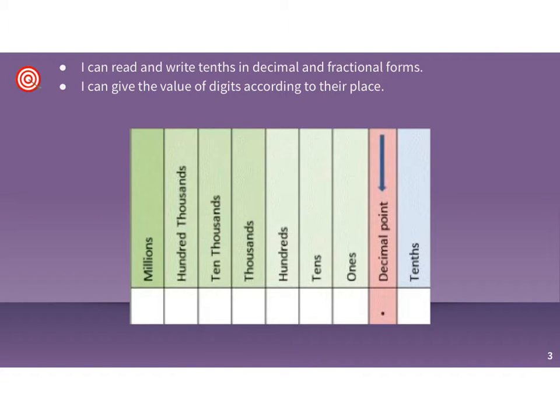So with decimals, we are talking about numbers that contain a decimal point and numbers to the right of the decimal point. We're still going to focus on tenths for today, just to make sure we have a firm understanding of tenths and what the value of tenths are.